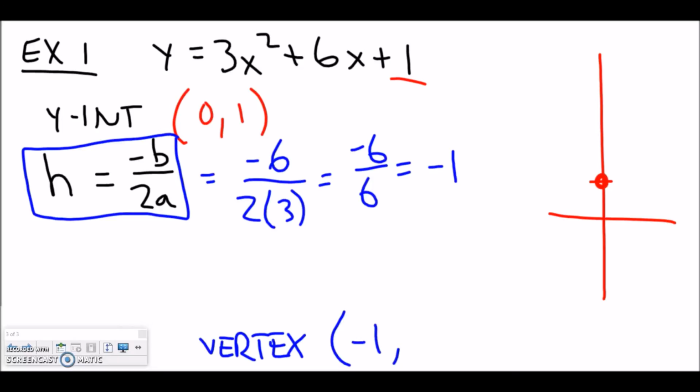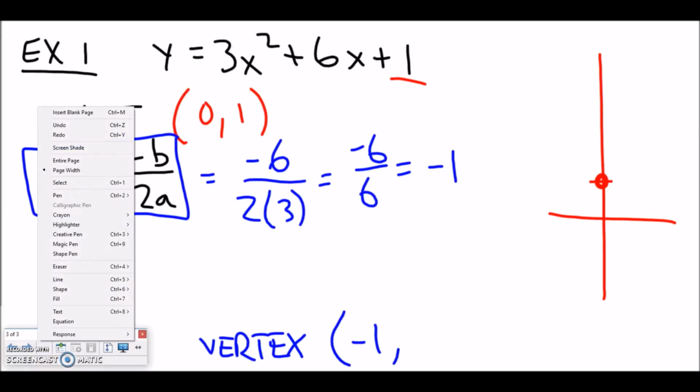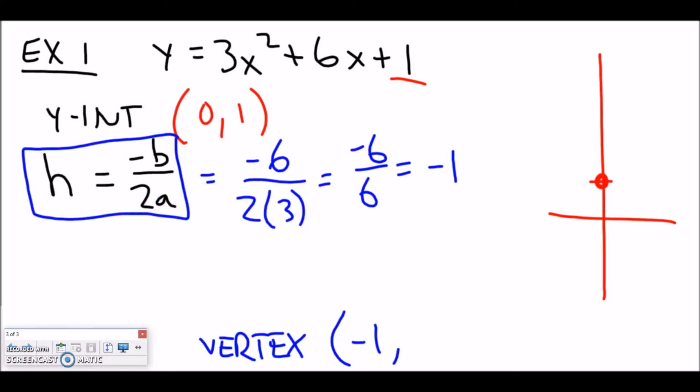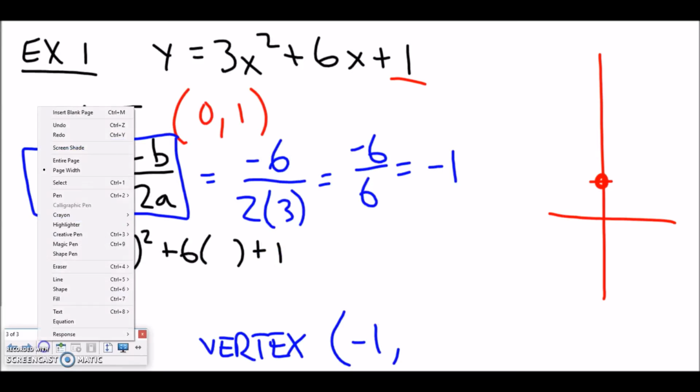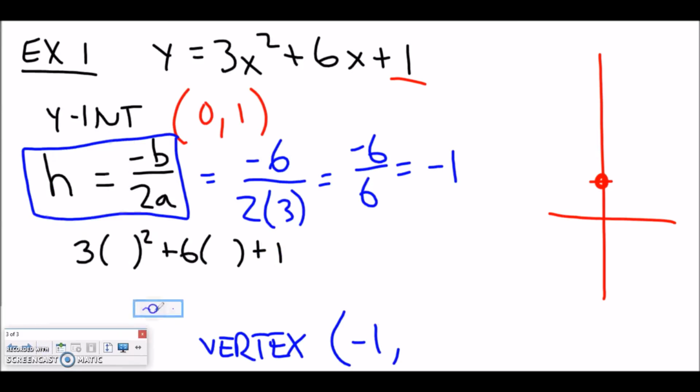So how can we get the y-coordinate? If I know the x-coordinate, how can I get the y-coordinate? And hopefully you were thinking in your head, just take that answer and plug it into our original equation, and you would be correct. And I will use the colors for that.